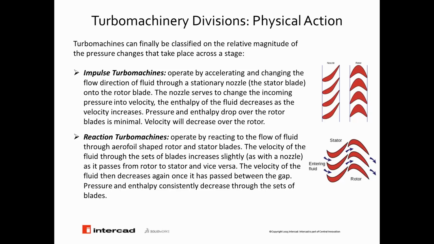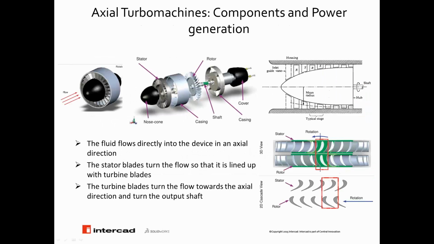All right. Now let's have a closer look at axial turbomachinery, their components, and the power generation scheme. As you can see in the picture, this represents a turbine. The components are stators, rotors, shaft, casing, and covers.